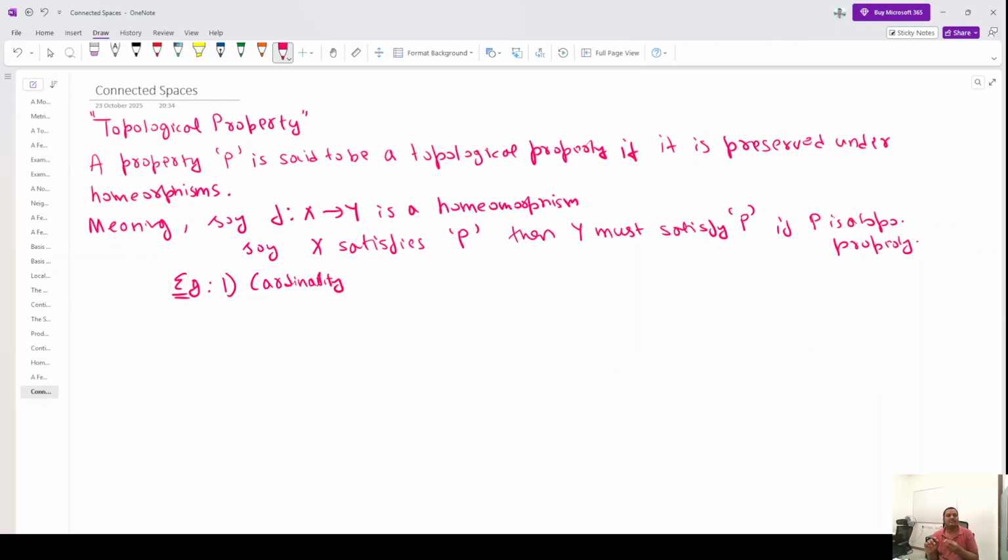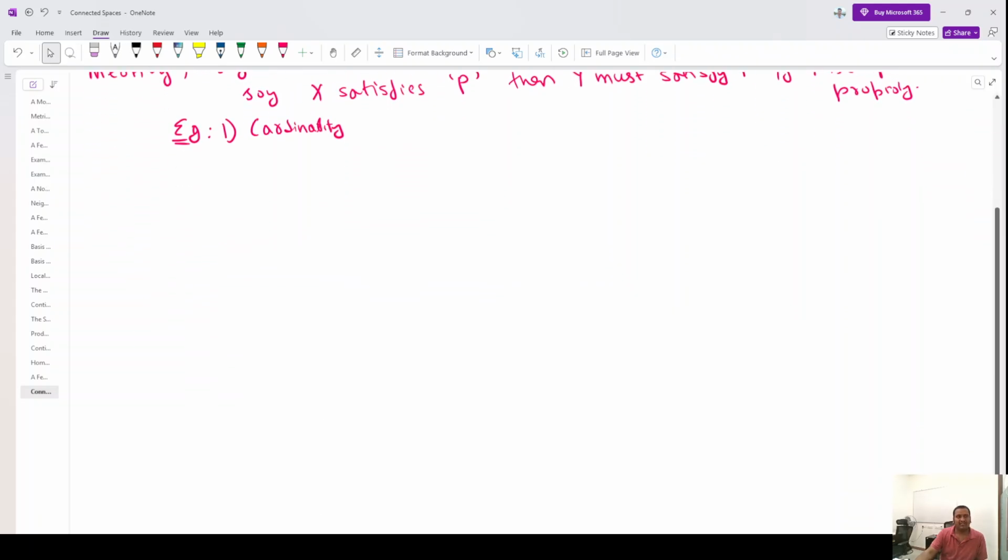So now let us move on to something more, where we will actually make use of homeomorphism or continuity, these kinds of things. As I have titled the section connected spaces, let us define what a connected space is. So definition.